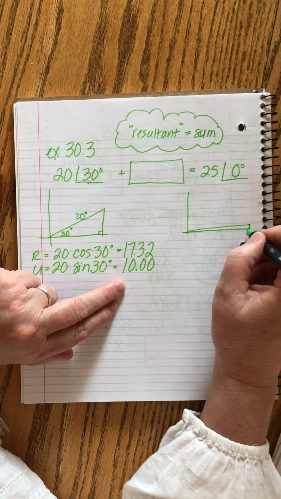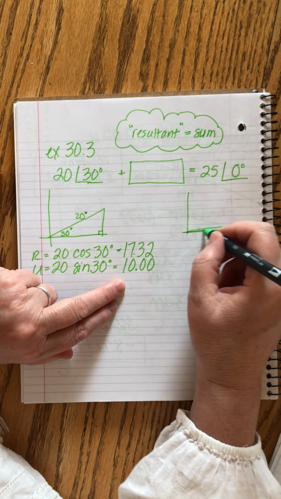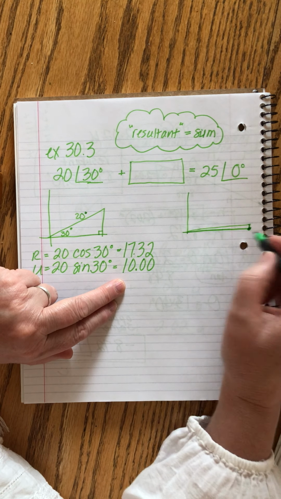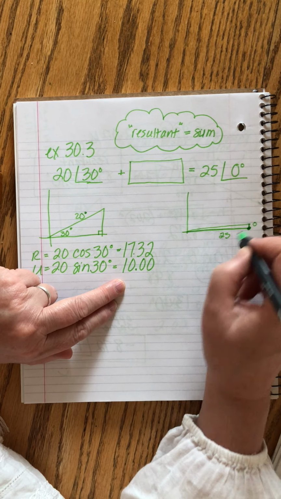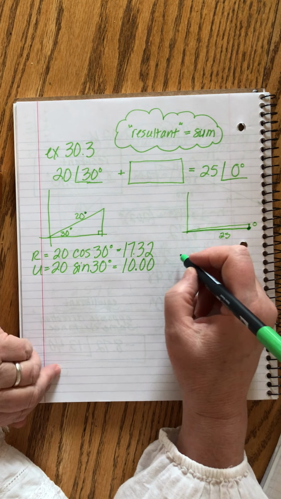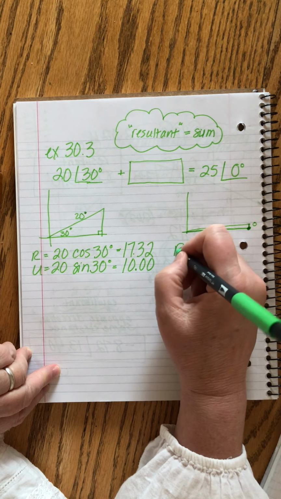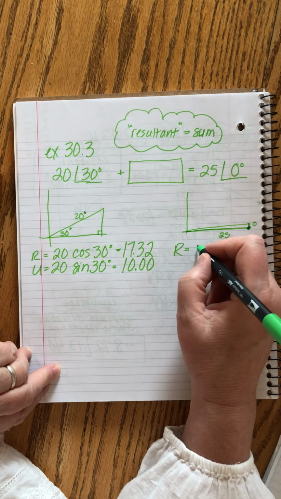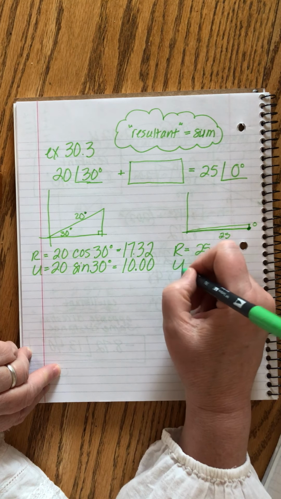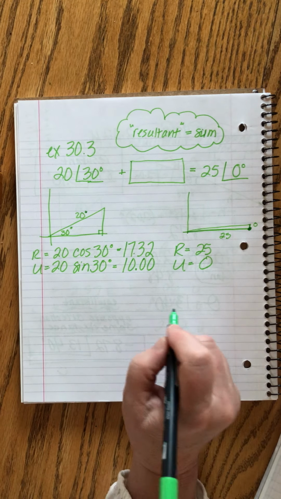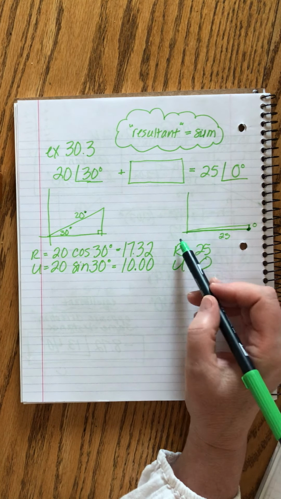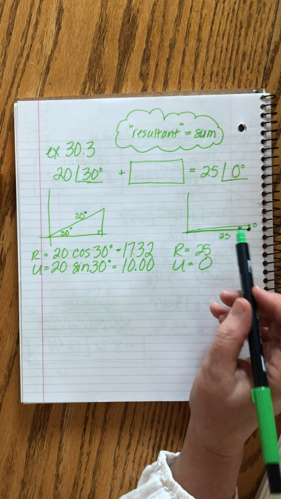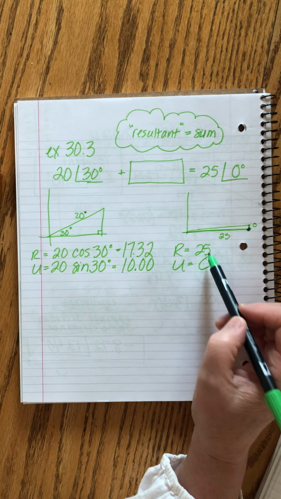I don't even need trig functions, because I can see this point is just on the regular spectrum. This is going to be 25 and this is going to be 0. So my right value is going to be 25 and my up value is going to be 0. That's so easy it's hard, right? That point literally lies just on the grid. There's nothing fancy about it. We can see it super easily.